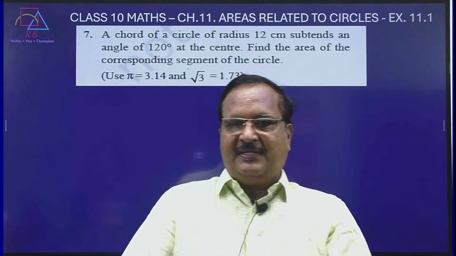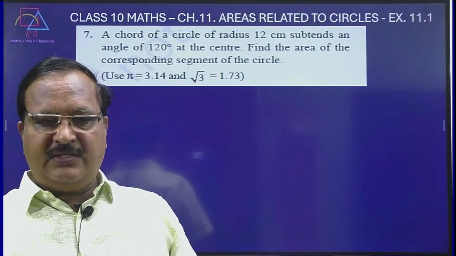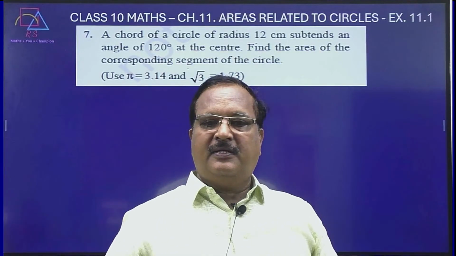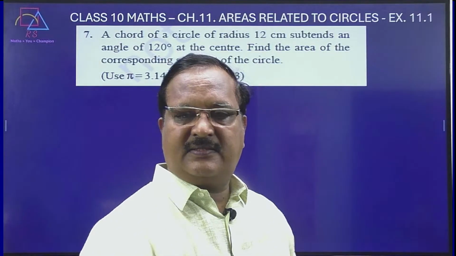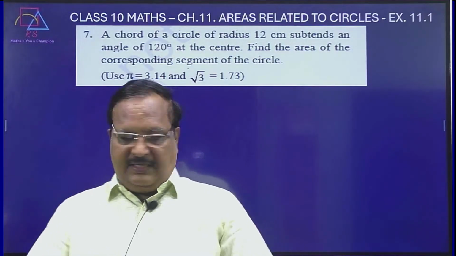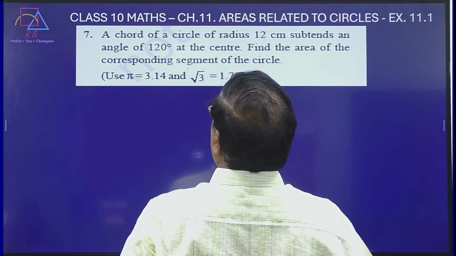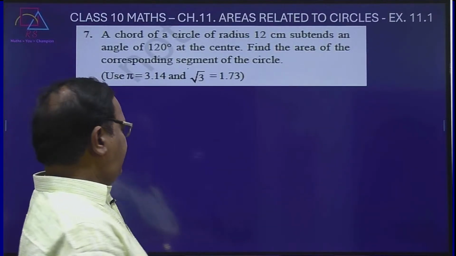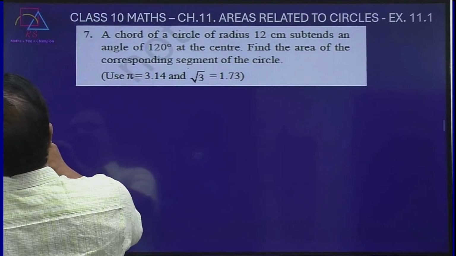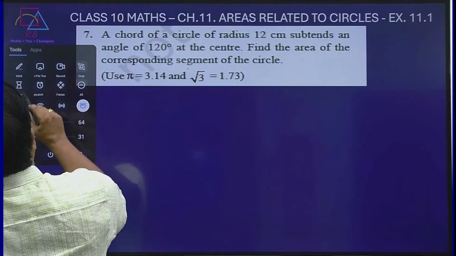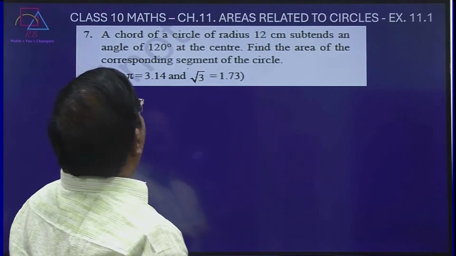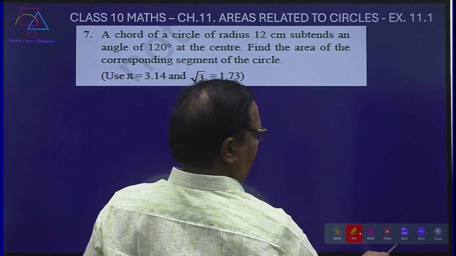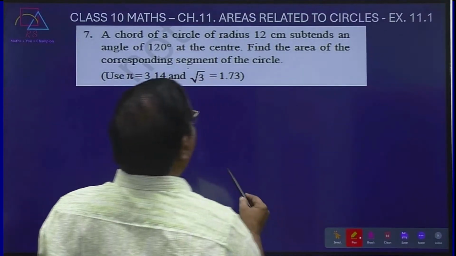So, question number 7. I have my textbook also with me, and I hope you are sitting in front of the class with your textbooks. The chord of a circle of radius 12 centimeters. So here there is a circle.